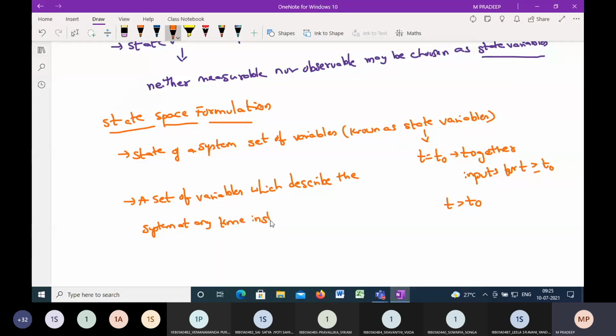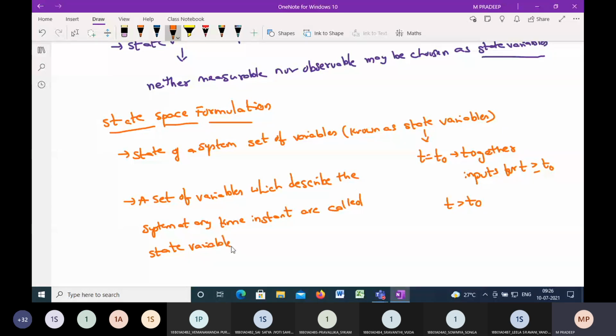If we are able to describe the system with respect to these variables at any time instant, we call them my state variables.